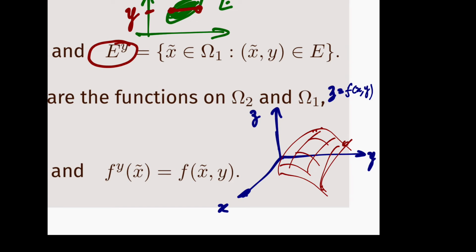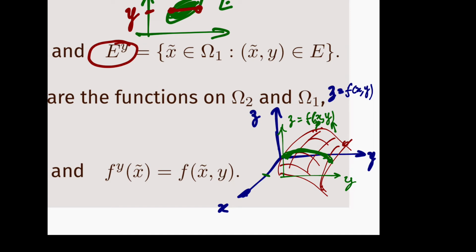And when we fix the value of x, here let me fix the value of x, this will determine a cross-section of this function here. Okay? What is this cross-section? It is, as we vary y, we are getting z equals f of x and y. But now y is the argument of this function and x has been fixed.